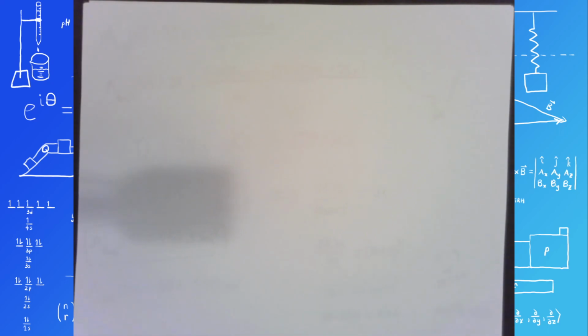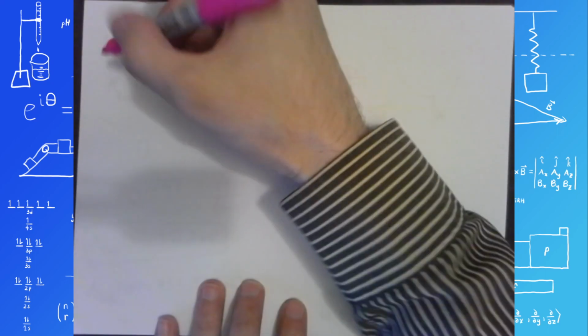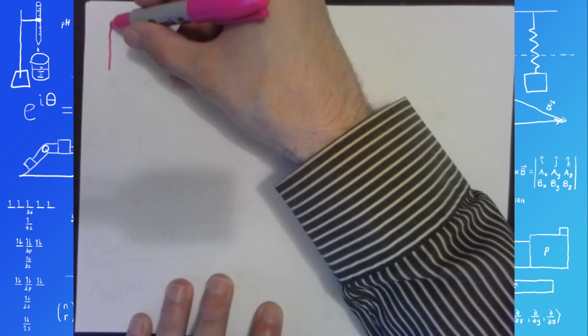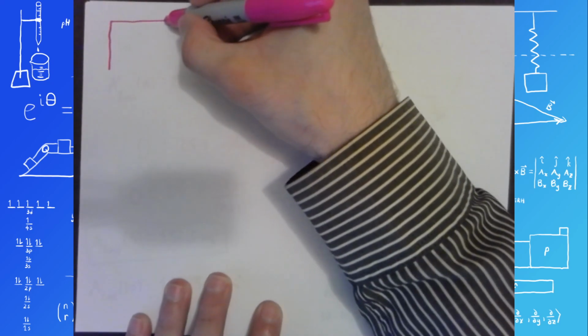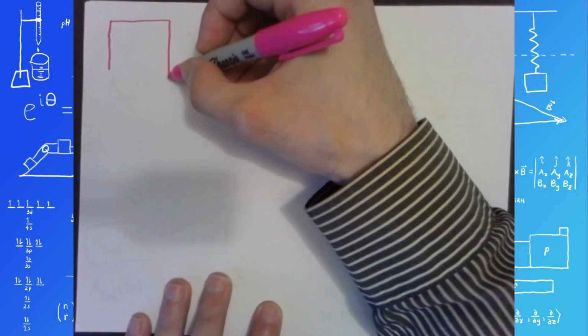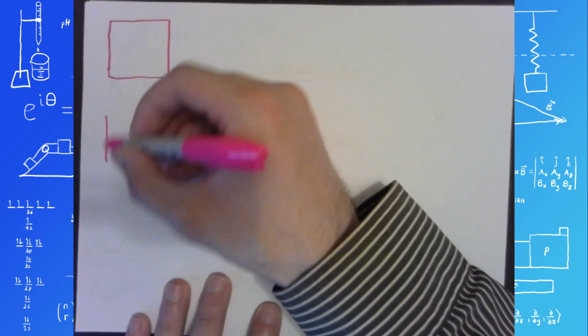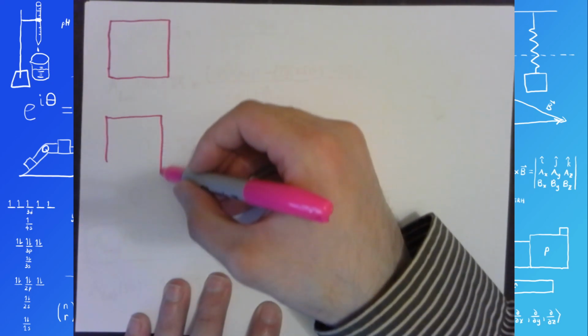I'm going to go ahead and draw a couple of these square areas just so I can try and think about how I want to do this. So here's one, here's two.